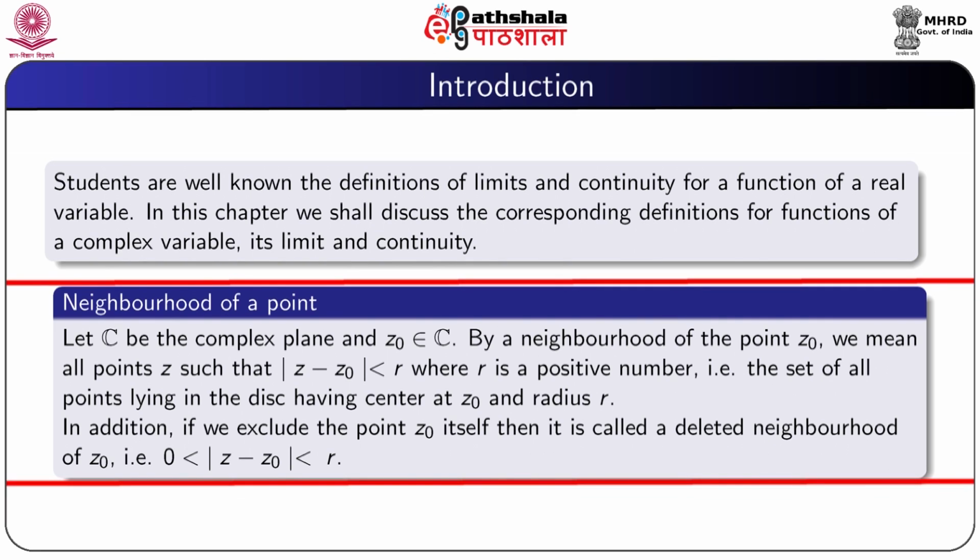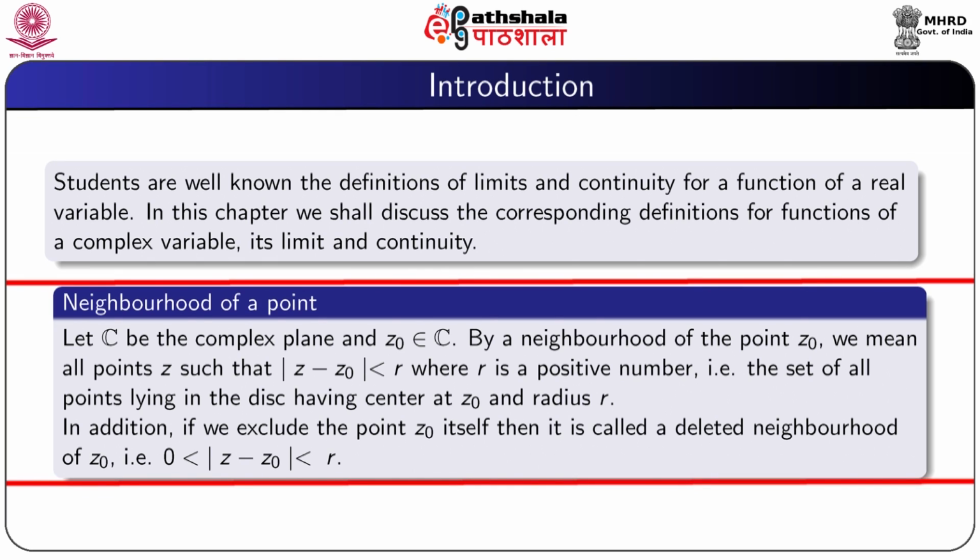First is neighborhood of a point. Suppose C is the complex plane and Z0 is any point in the complex plane C. By a neighborhood of the point Z0, we mean all such points Z such that modulus Z minus Z0 is less than R, where R is some positive number.